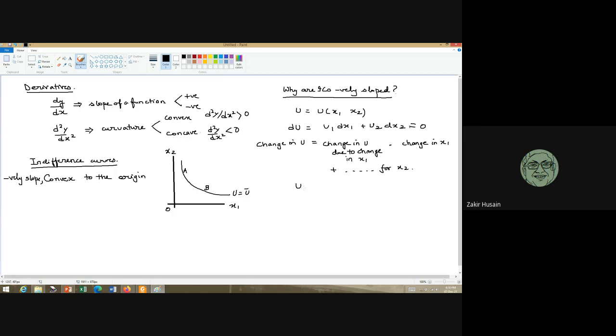So we can simply write this in this way. Actually, I have written it upside down, anyway. So this is the slope of the indifference curve, and you can see that this is equal to u1 over u2. Now what is u1? It is the marginal utility of x1, and u2 is the marginal utility of x2.